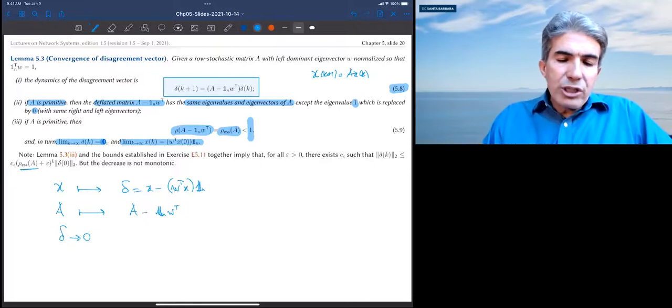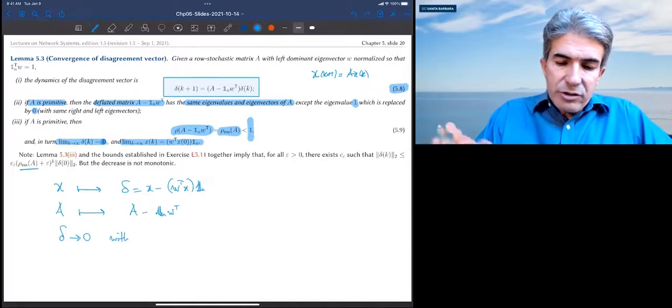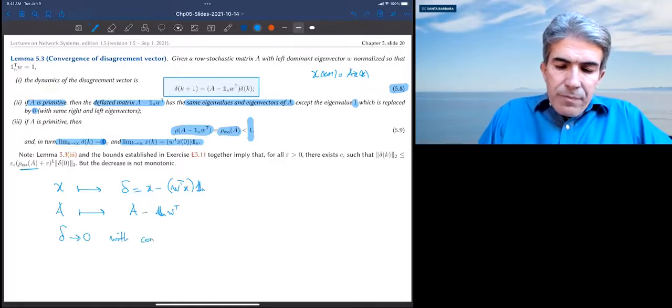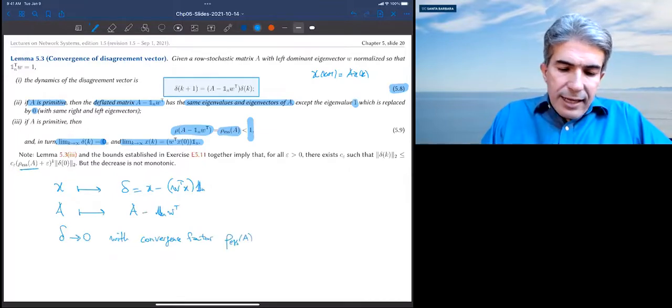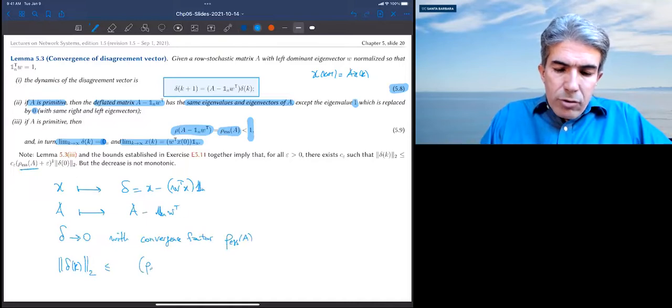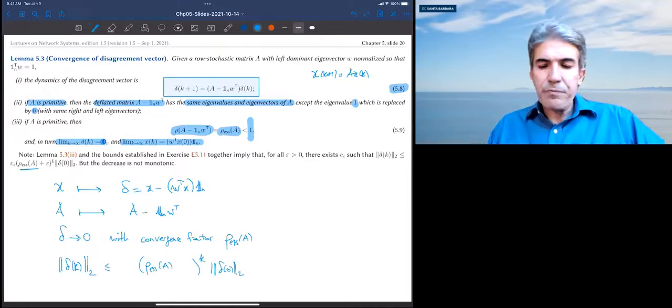So I will loosely say here, and I will give it more depth later on, goes to 0 with a rate, or with factor, I should say, because it's in discrete time, with contraction or a convergence factor rho essential of A. And the equation I wrote there is that actually it's true that delta k in 2 norm is upper bounded by rho essential of A to the power of k, which multiplies delta at 0 with respect to 2.